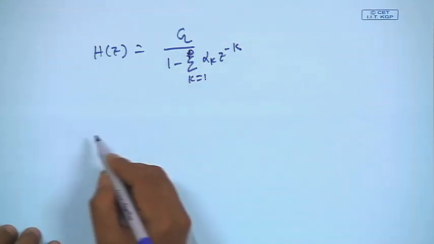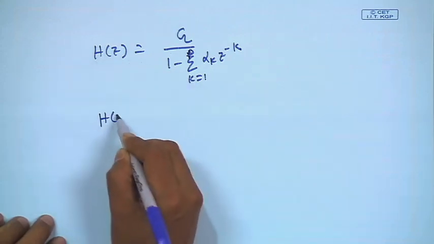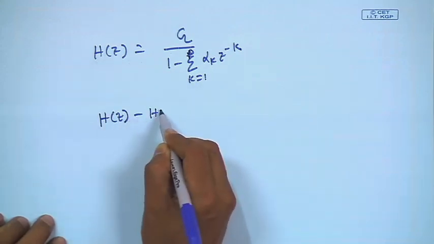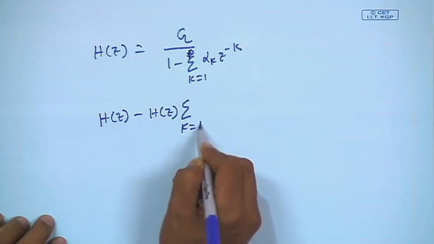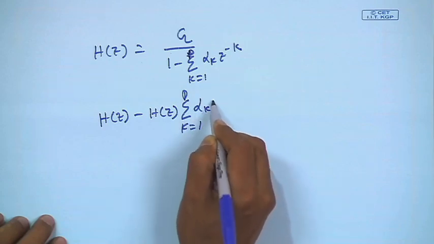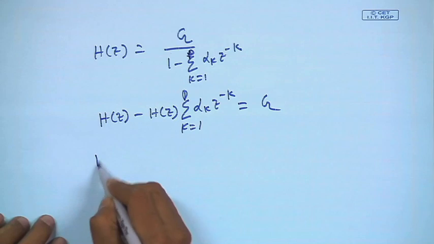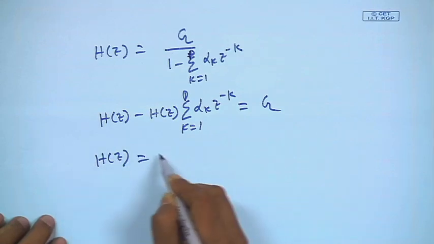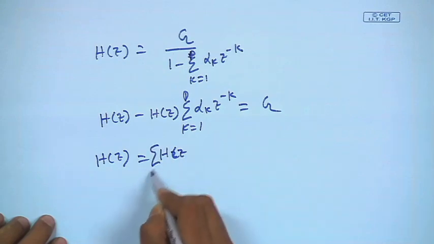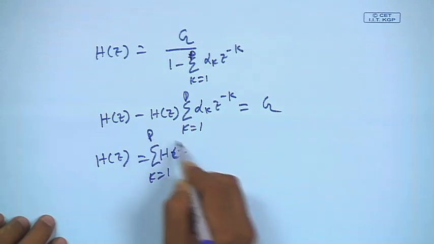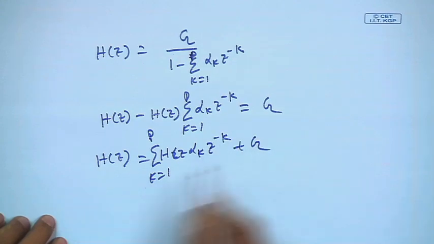Or I can say in time domain, if I multiply it this side, H(z) minus H(z) times the sum over k equal to 1 to p of alpha_k z to the power minus k is equal to g. So, H(z) is equal to H(z) times the sum over k equal to 1 to p of alpha_k z to the power minus k, plus g.